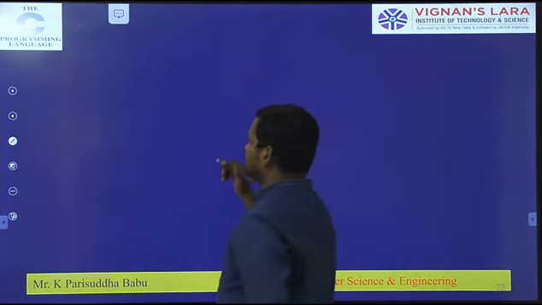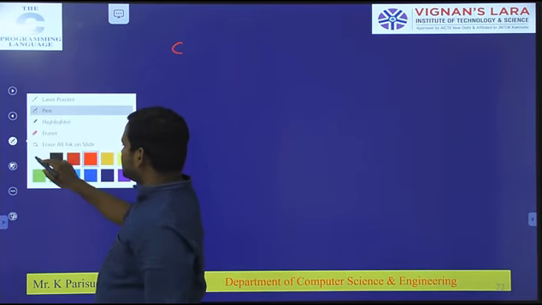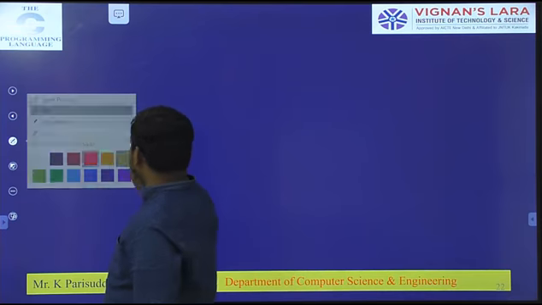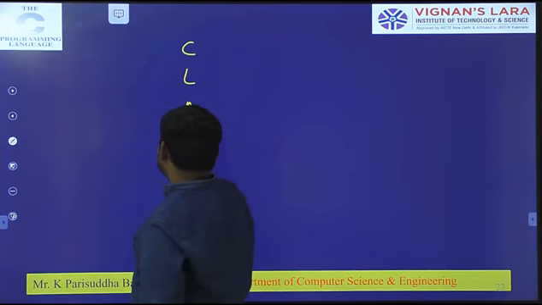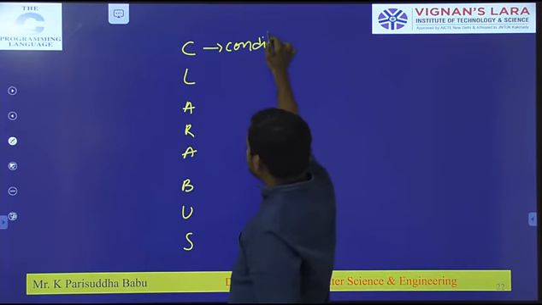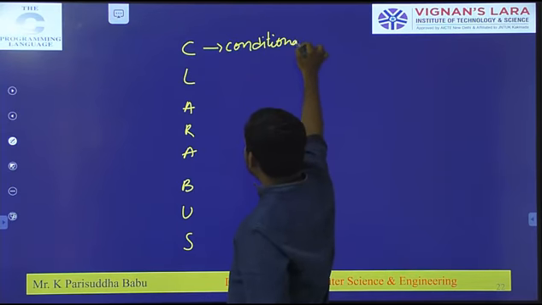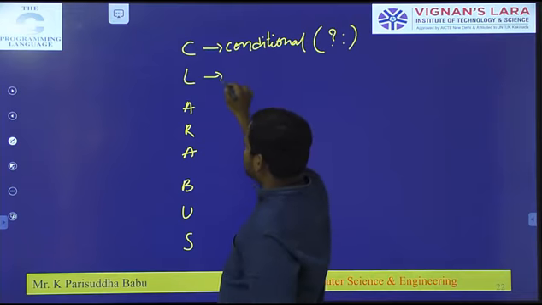So what operators do we have? Operators are of many kinds. What are those operator types? The conditional operator, with question mark and colon, the ternary operator.